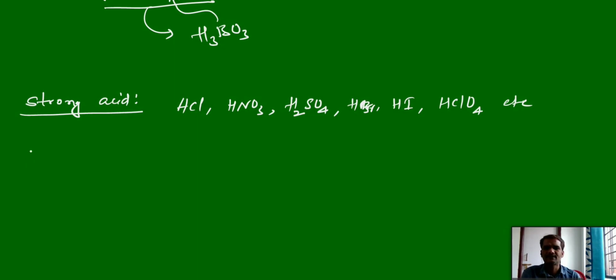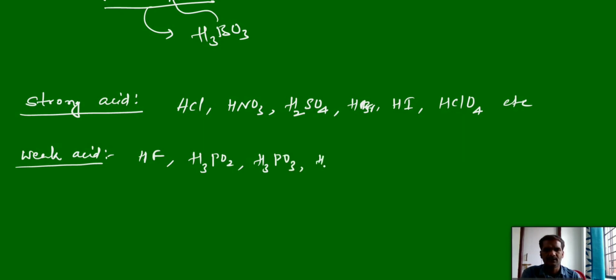And weak acids: among the hydrogen halides, HF comes under weak acids. And all phosphorus acids, H3PO2, H3PO3, H3PO4, come under weaker acids.